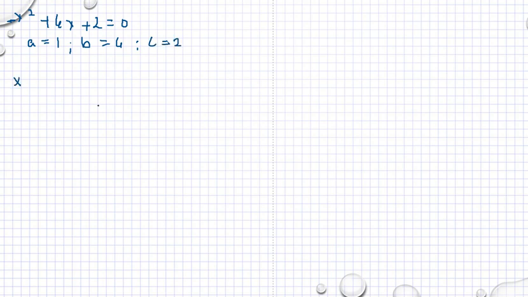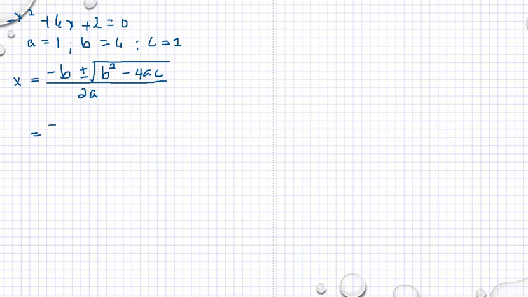And the formula says we have negative b plus or minus the square root of b squared minus 4ac, divided by 2a. We will do that.